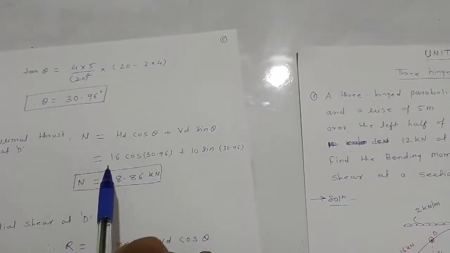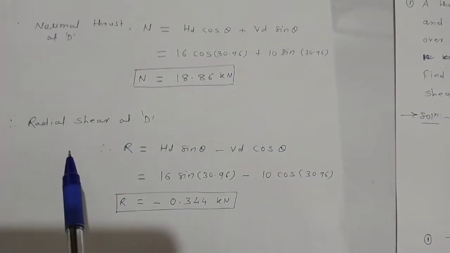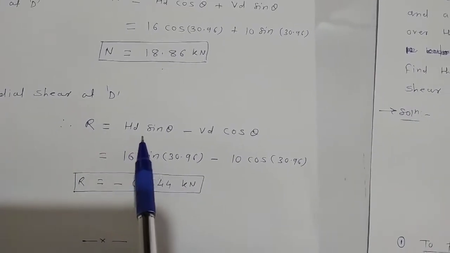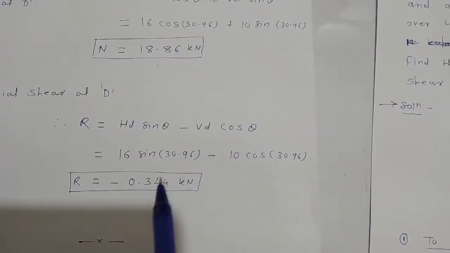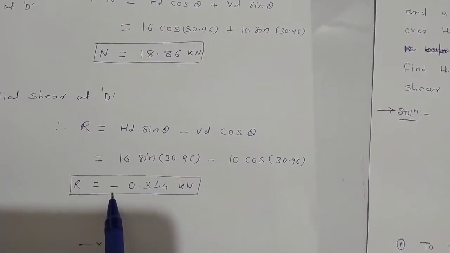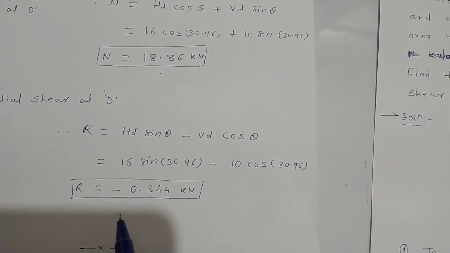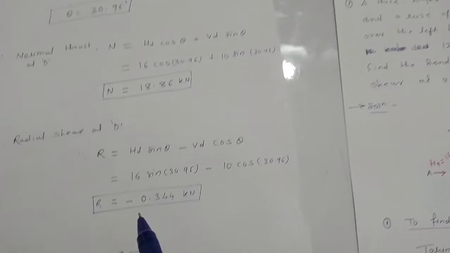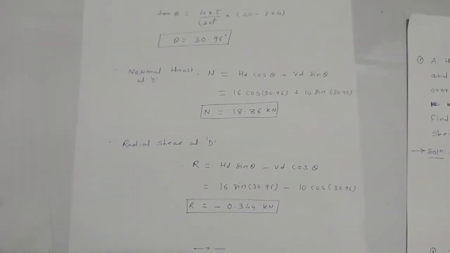SD and VD we already calculated. Now radial shear is nothing but SD sin theta minus VD cos theta. If you put all the values, you will get this one. Negative sign shows the radial shear is upward, and this one is the normal thrust. So thank you.